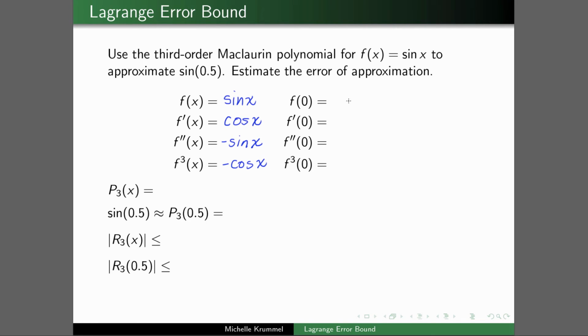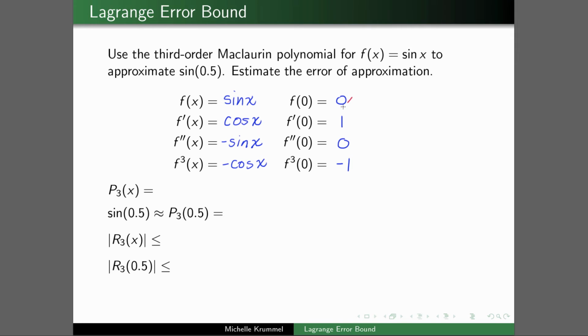We'll evaluate each of these at the center, x equals 0. Sine of 0 is 0. Cosine of 0 is 1. Negative 1 times the sine of 0 is 0. And negative 1 times the cosine of 0 is negative 1. To build the terms for my Maclaurin polynomial, I want to take each of these values and divide by n factorial.